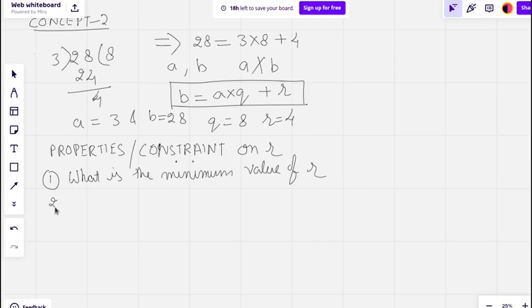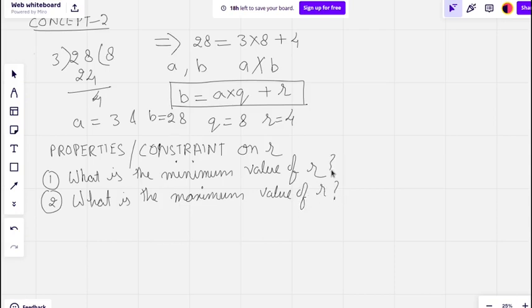R is, please note, the remainder, and similarly, what is the maximum value of R? So the minimum and maximum of R is something which we want to find out.